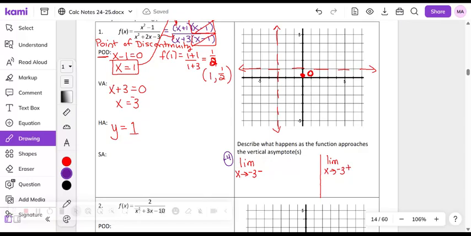All I care about is the sign of these binomials. So if I put a -4 here, I have -4 plus 1, which is a negative, times -4 minus 1, which is also a negative, over -4 plus 3, which is a negative, times -4 minus 1, which is a negative. What that gives me is a positive over a positive, which is positive.